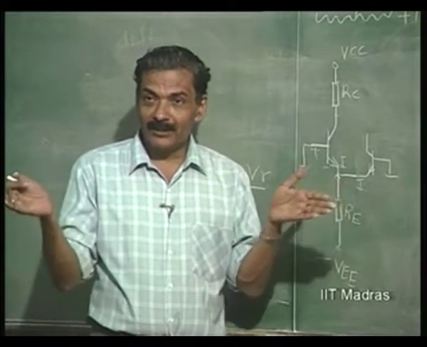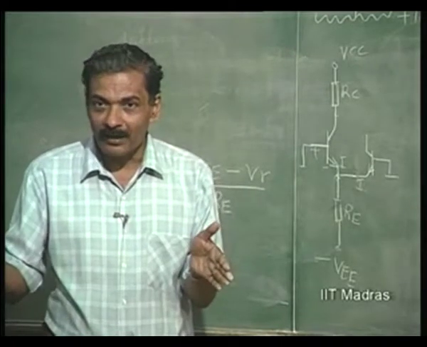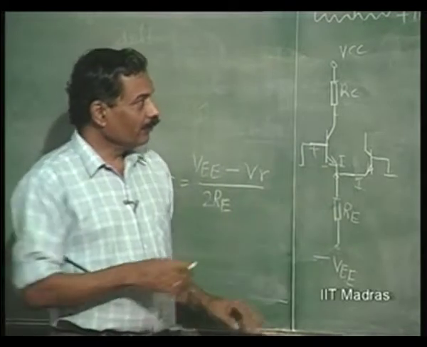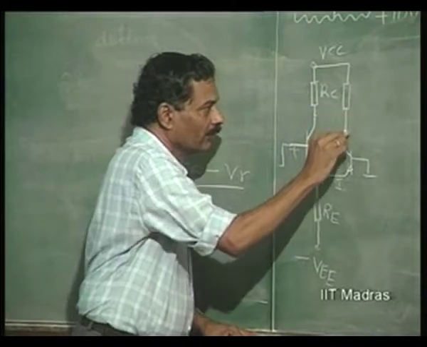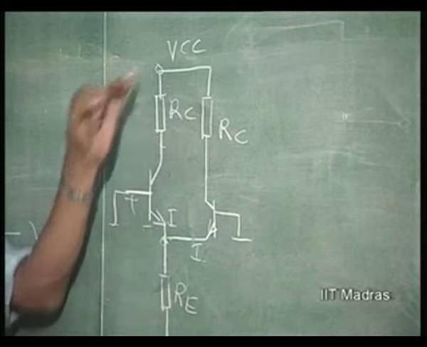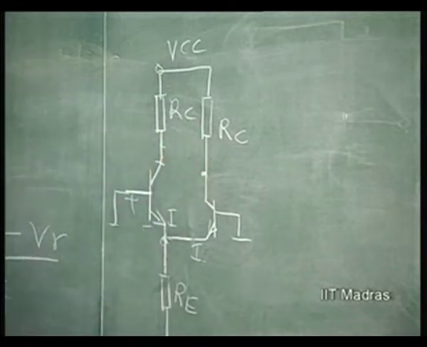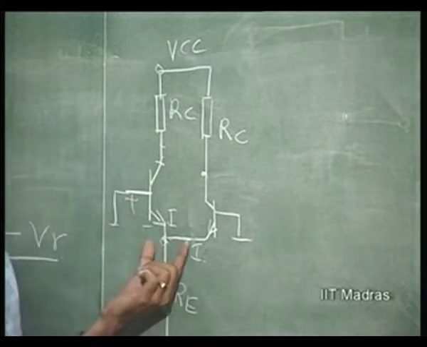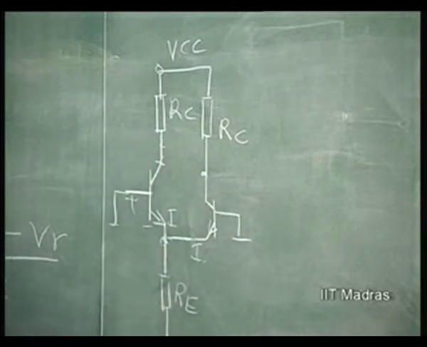That is because of the reduction in base width and consequent increase in alpha to a closer value to 1. So, we would therefore connect this also with the same value of RC, to the same DC, so that the reverse bias voltage for both the transistors remains the same. Now, you can say for sure that these two currents will be exactly identical, because this is nothing but a symmetric circuit.